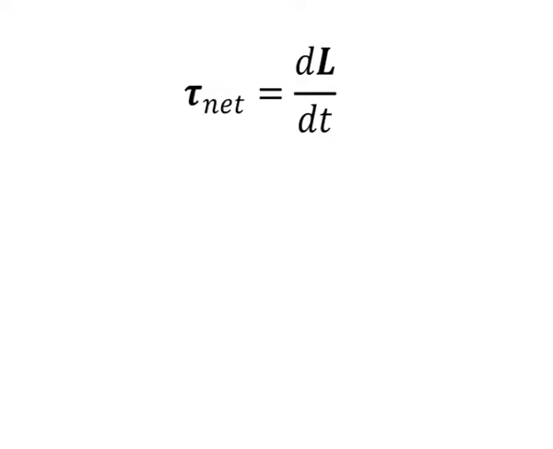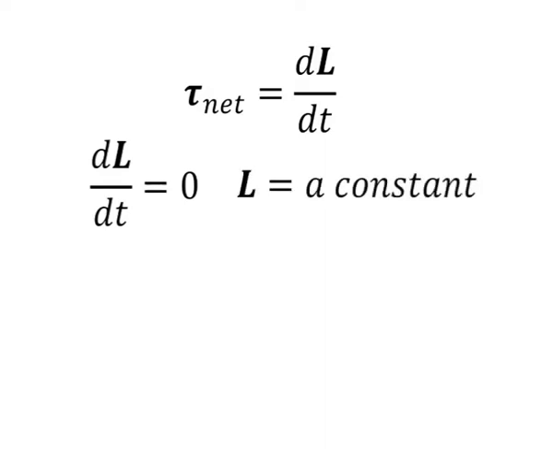We start from the angular momentum equation for a system of particles, which is Newton's second law in angular form, tau net is equal to dL upon dt. If no net external torque acts on the system, this equation becomes dL upon dt is equal to 0, or L is equal to a constant.